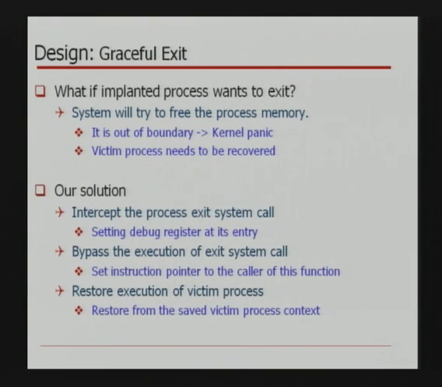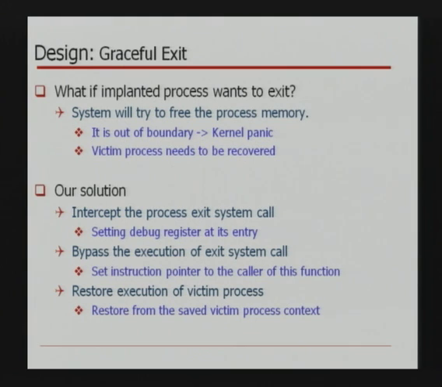So our solution is to intercept the process exit system call. We will set the debug register at the entry of this exit system call, and when it steps into the exit system call, it will cause a debug exception, and then our hypervisor can capture this event and bypass all the execution of the exit system call.